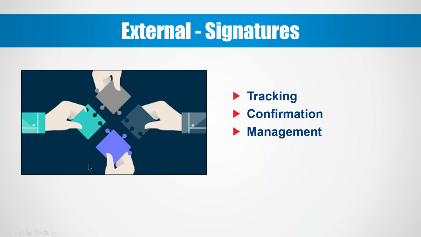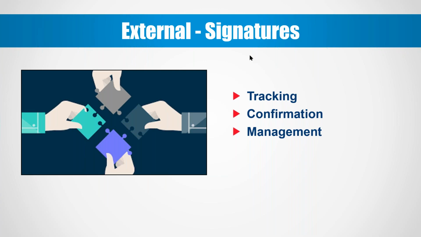Something to keep in mind is that when we're sending out contracts for signature, we need to make sure that we're tracking, we're getting confirmation of those signatures, and we're managing the results from our signatures. So again, there are a lot of elements that we need to track.